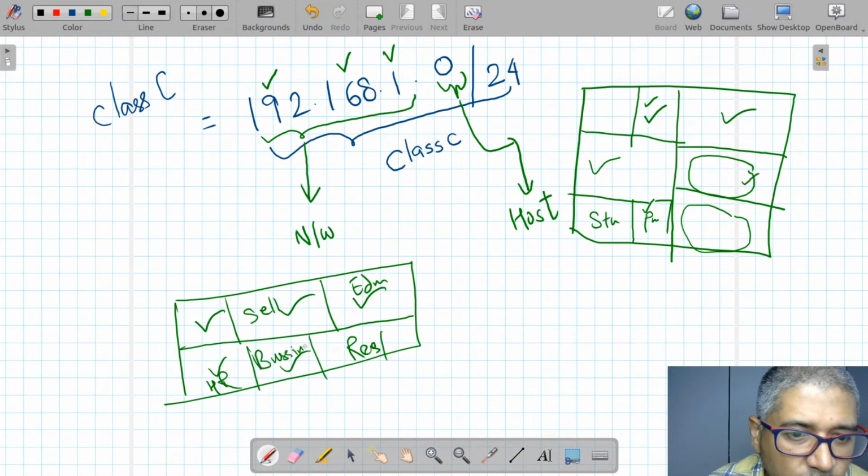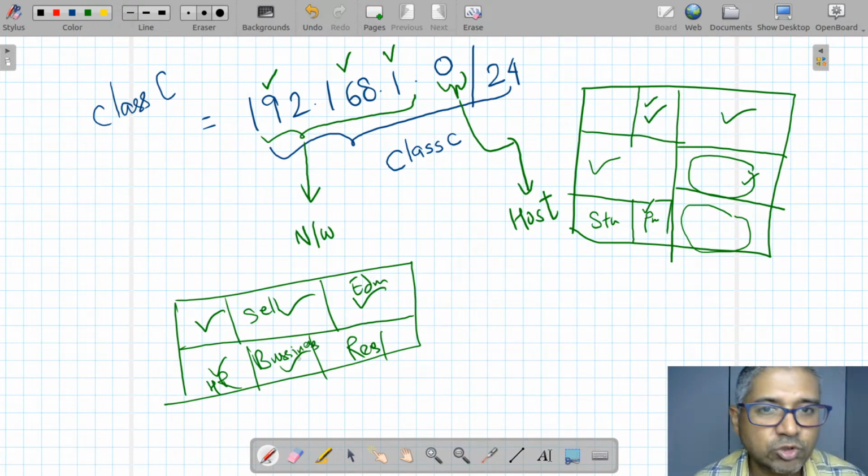According to your utilization, you separate your network. So subnetting is a technique by which we separate my big network into small different networks.